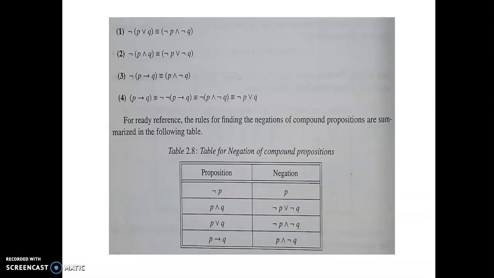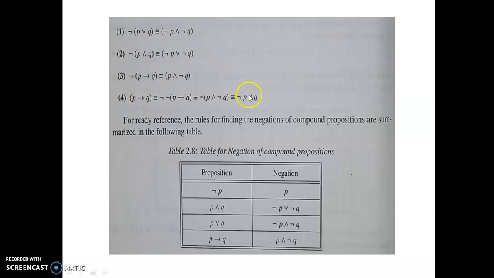So similarly, one needs to keep in mind these few equations also. Between p and q, negation of (p or q) is equal to negation of p and negation of q. Okay, negation of (p and q) is something like what you have seen in De Morgan's, in the same manner. And this is the most important one.